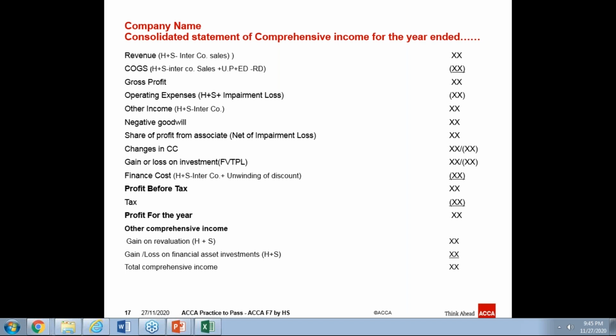You should know the format to follow for the consolidated revenue, consolidated cost of goods sold, and how we can prepare the cash flow statement using the indirect method, investing activity, financing activity, and then for the final accounts, you should know how to prepare the income statement, balance sheet, how to present OCI, other comprehensive income, and the statement of changes in equity.